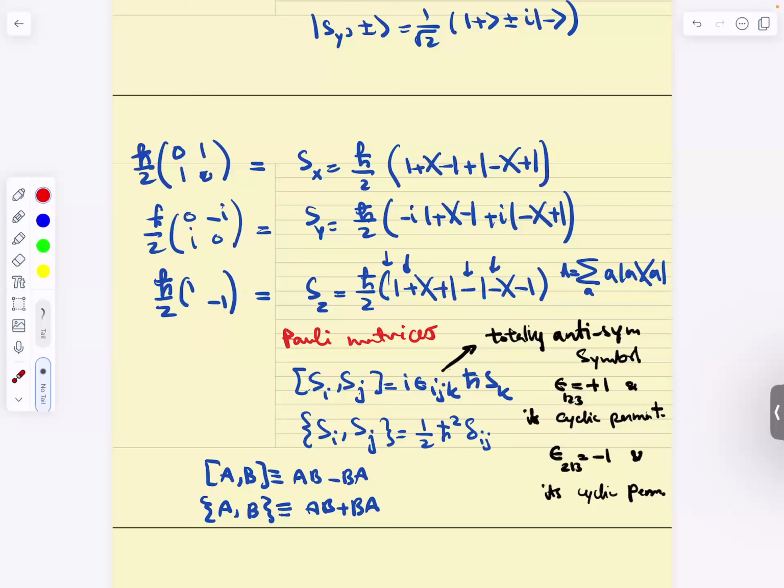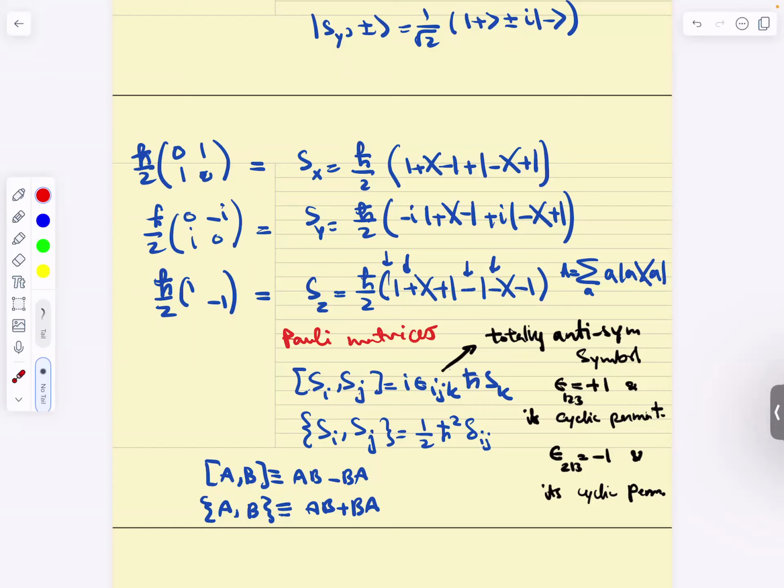Now you could check that all of these observables are Hermitian. Hermitian means that if you transpose and take the complex conjugate, you're going to get the same matrix back. These two, S of X and S of Z, are real, so you don't need to take the complex conjugate, and you see explicitly that they're equal to their transpose.